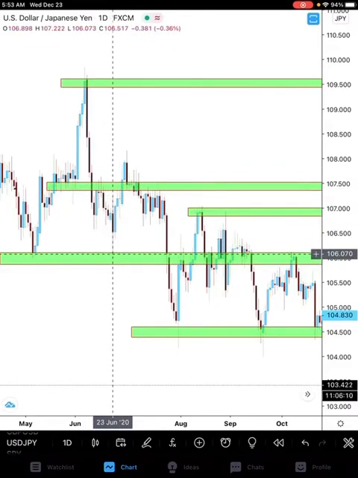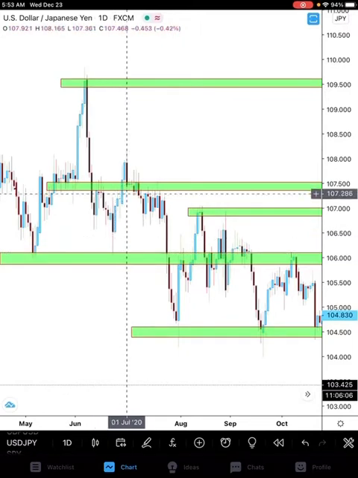It actually went down to the next zone. It just ticked it, and it'll do weird stuff like that.